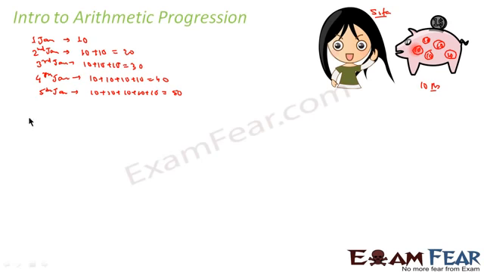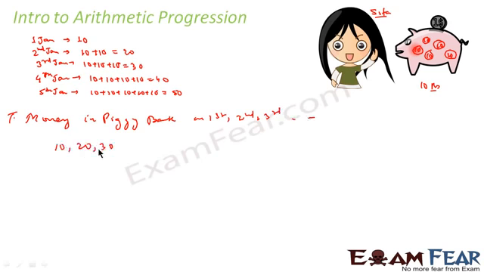If I am talking about total money in the piggy bank on 1st, 2nd, 3rd, etc., that will be 10 rupees, 20 rupees, 30 rupees, 40 rupees, 50 rupees, 60 rupees, and so on. If you see here, there is a pattern.